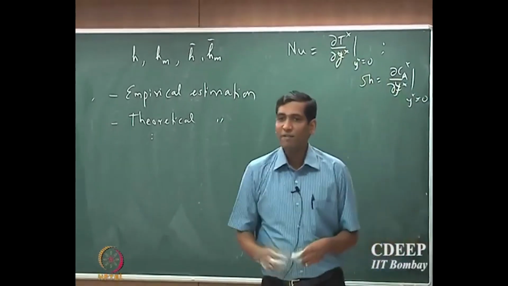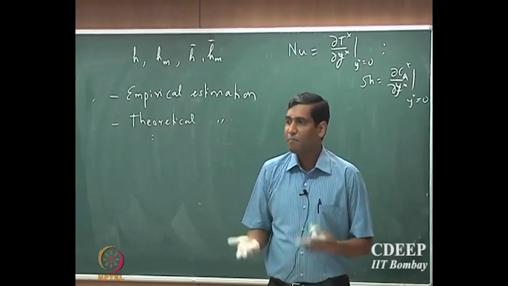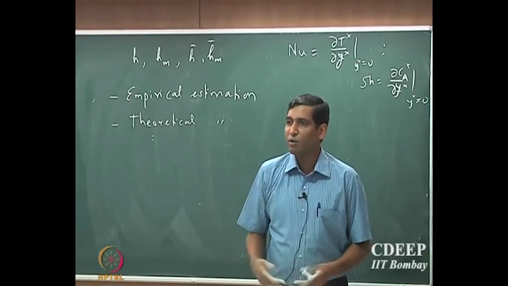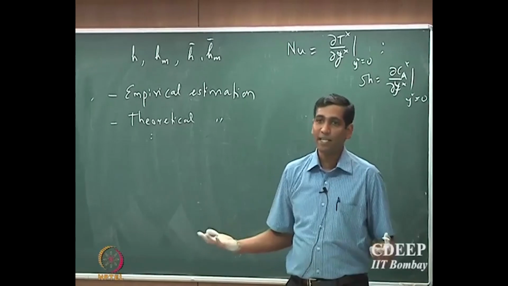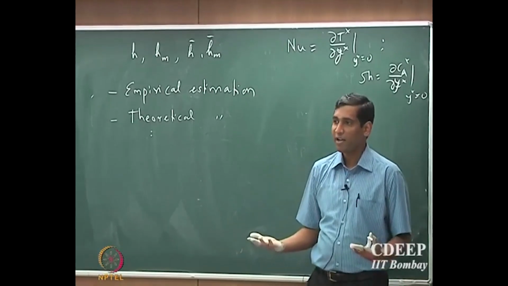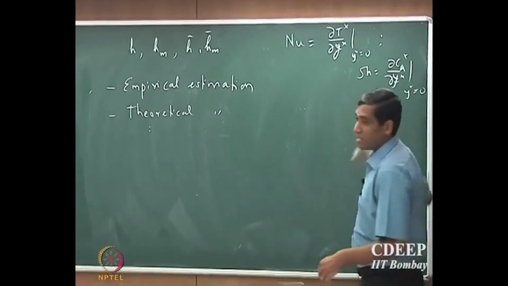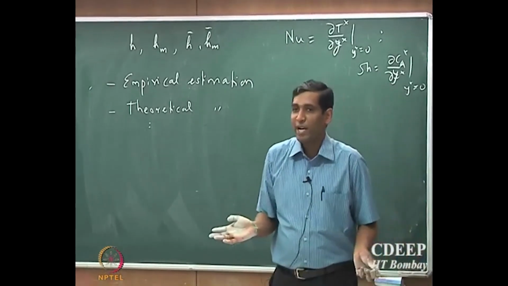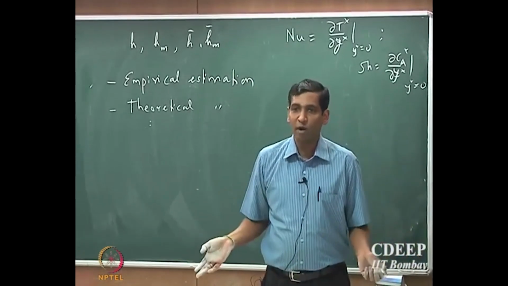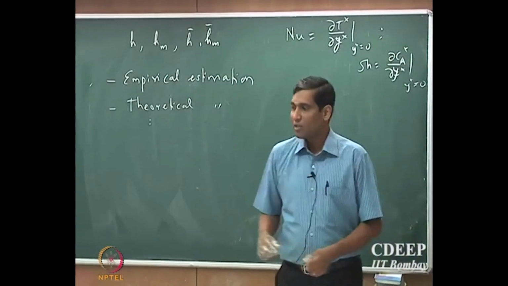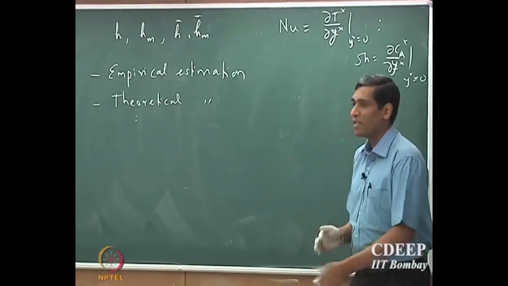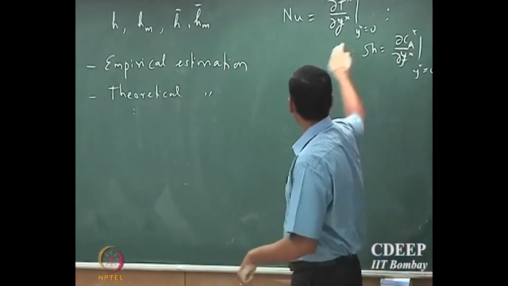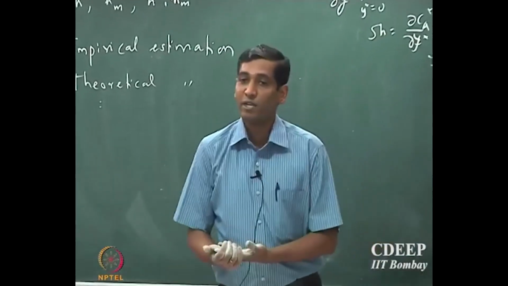So all you need is the gradient at the boundary. We don't need to solve everything and find the complete temperature profile and concentration profile. If we are able to find the gradient, we are good. We are able to achieve the objective of what we wanted to get. So instead of solving everything, you are going to see how to find these gradients for various kinds of problems.